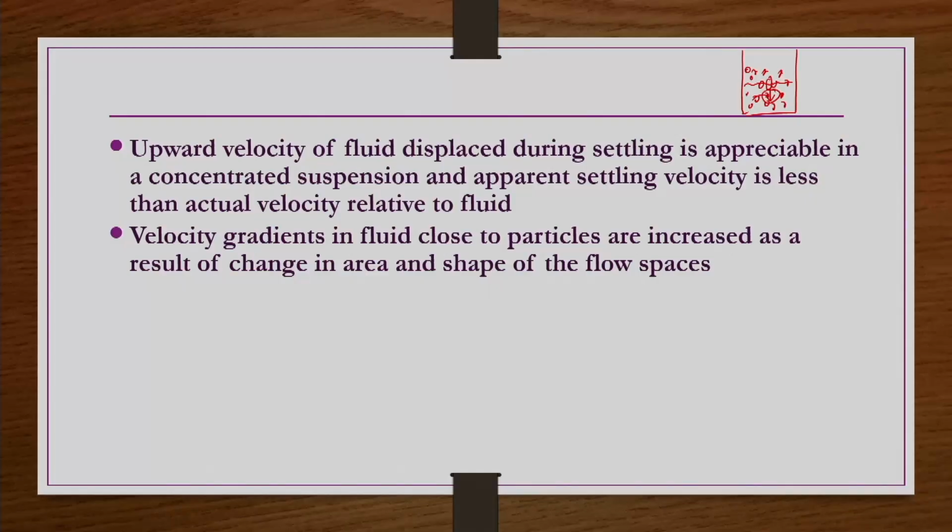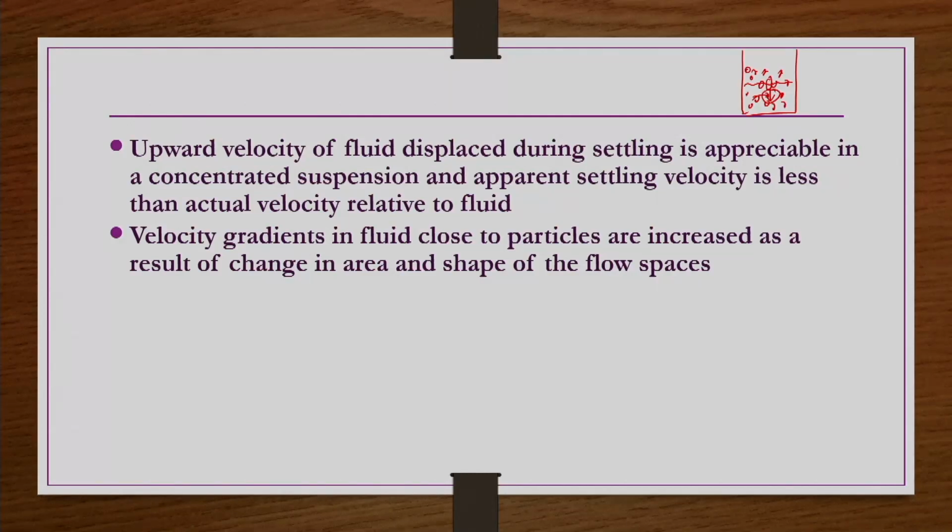Velocity gradients in the fluid close to particles are increased as a result of change in area and shape of the flow spaces. Different types of particles are there, so different velocity gradients would be there.